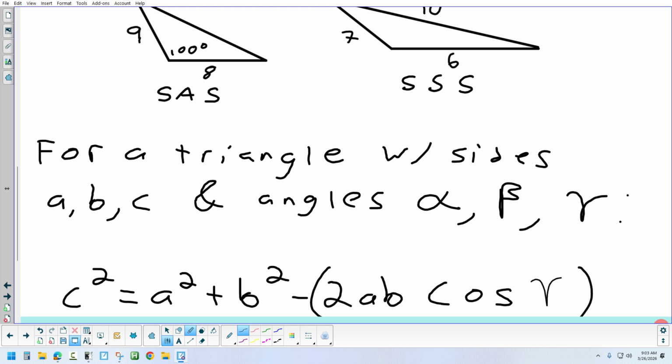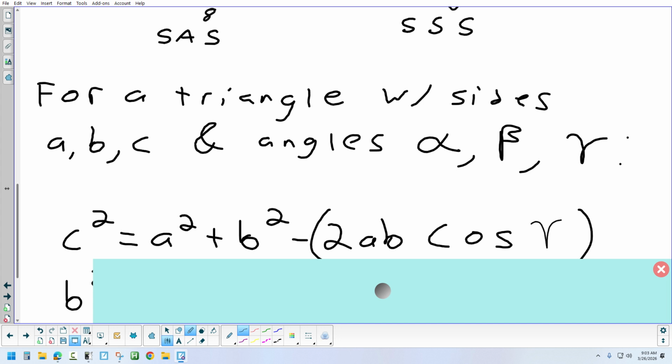That's the pattern. The reason I wanted to read it that way is because you can start the formula with any letter that you want. The important thing is we use exactly the same pattern.